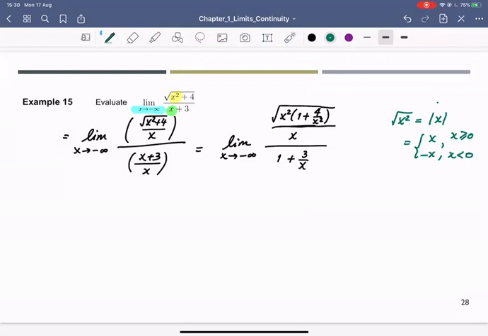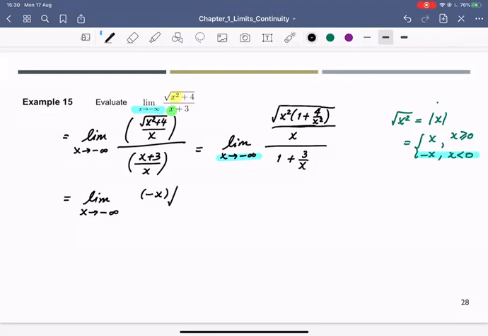In this case, because x goes to negative infinity, x is negative, so you have a negative sign with you. That means it's going to be the limit as x goes to negative infinity. You take the square root of x squared, and you get negative x, because x goes to negative infinity.